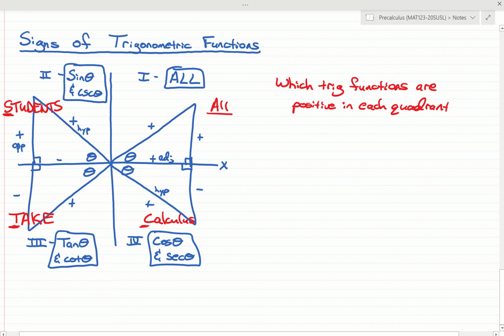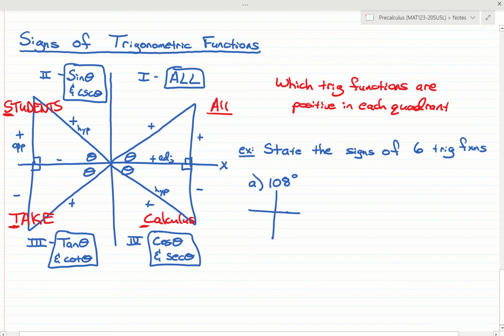So what I would like you to do is to state the signs of the 6 trig functions of, let's say, 108 degrees. Well, 108 degrees would be past 90, but it's in this second quadrant here.